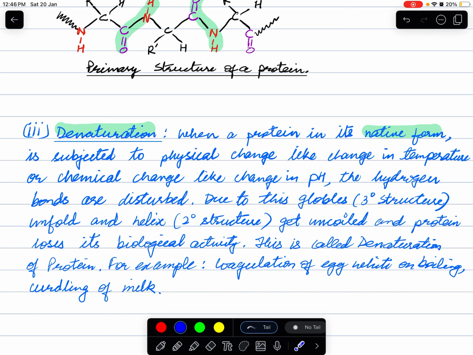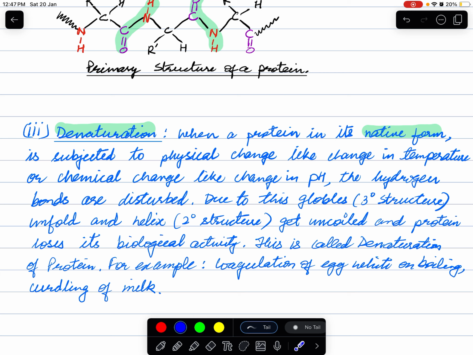Proteins have primary, secondary and tertiary structures, and the secondary and tertiary structures are because of hydrogen bonding. So when we heat or treat with a chemical, like a change in pH, the secondary or tertiary structure gets disrupted because of the breakdown of the hydrogen bonds on heating.